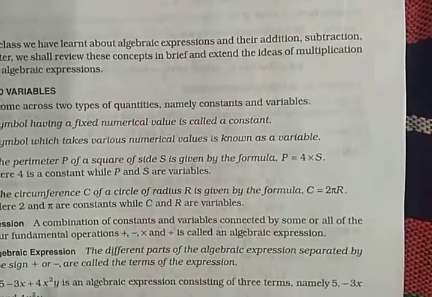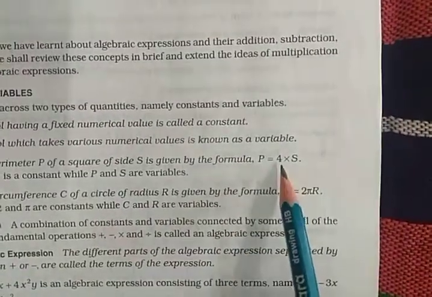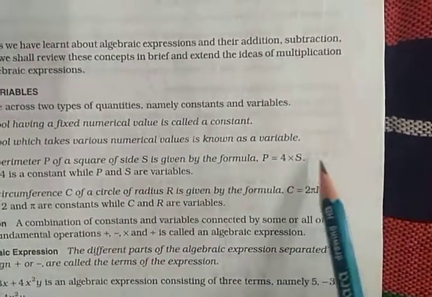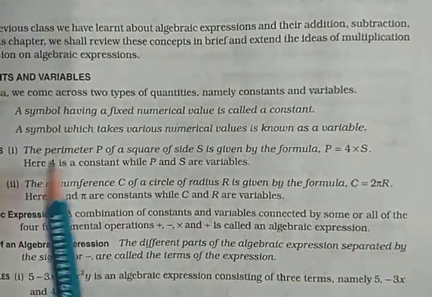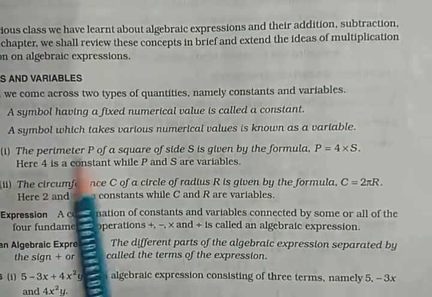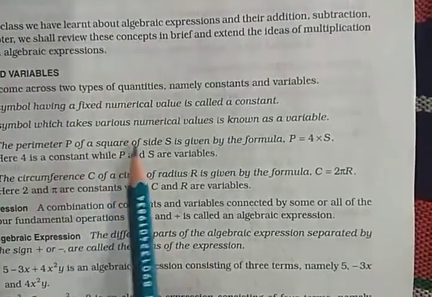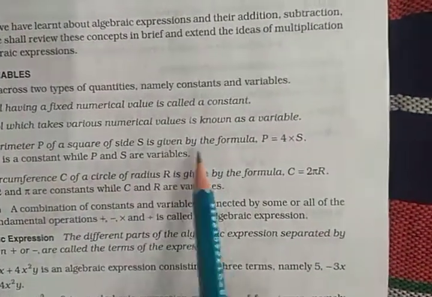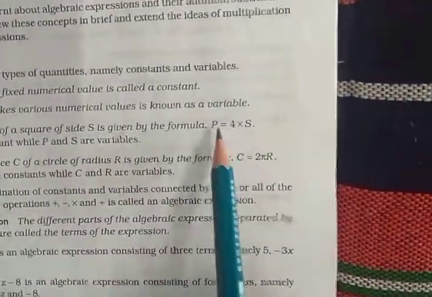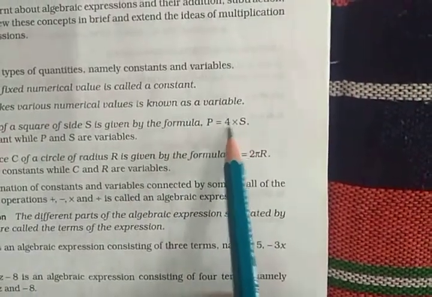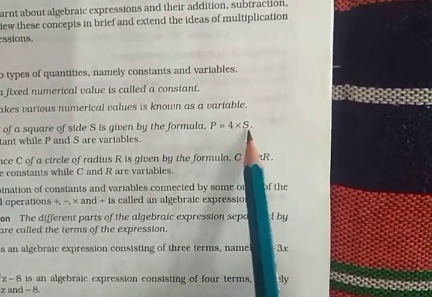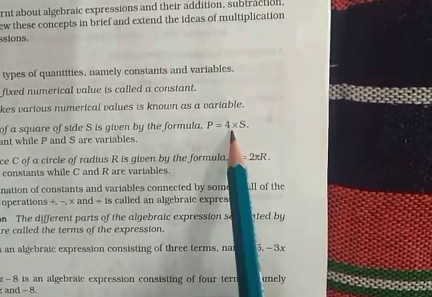For example, suppose 4s, 4 into s. Here the perimeter P of a square of side s is given by the formula perimeter equals 4 into side. So 4 into side is an algebraic expression or term.